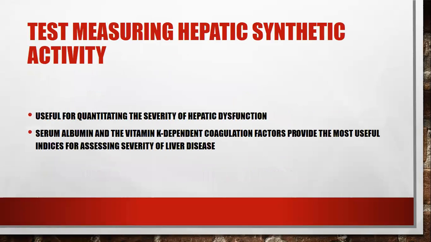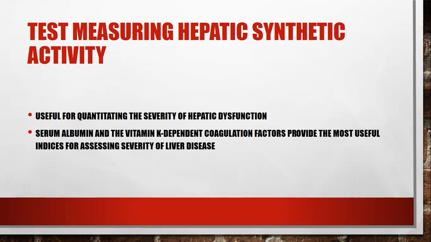Okay. Now, I will be discussing the different laboratory tests or parameters used to measure these different functions of the liver. So let's start with hepatic synthetic activity. What are these tests used to measure liver synthetic function?